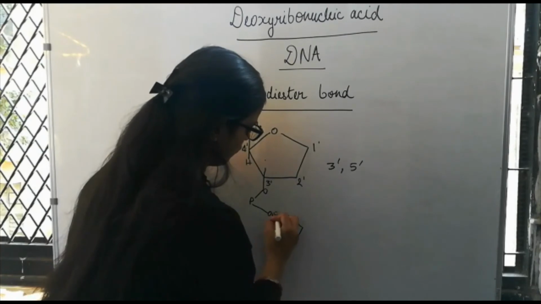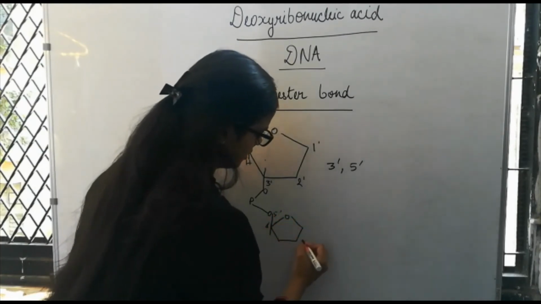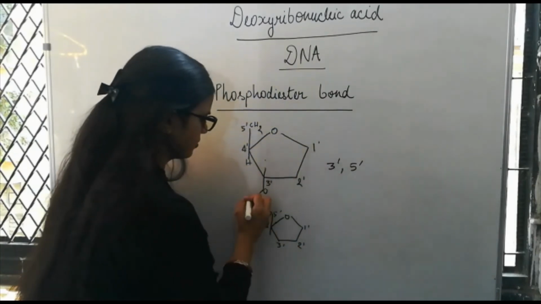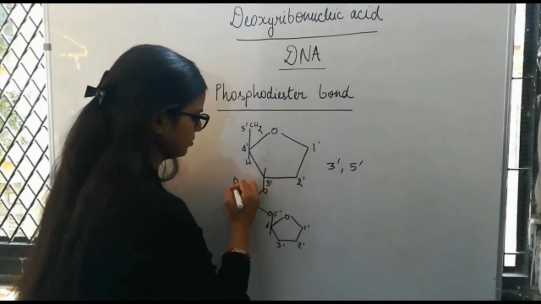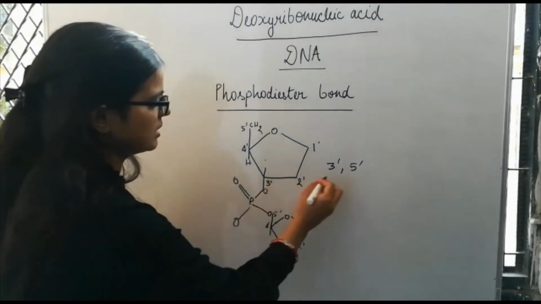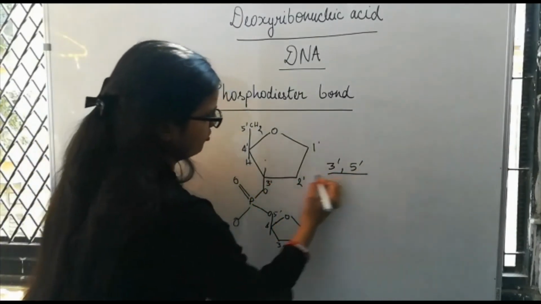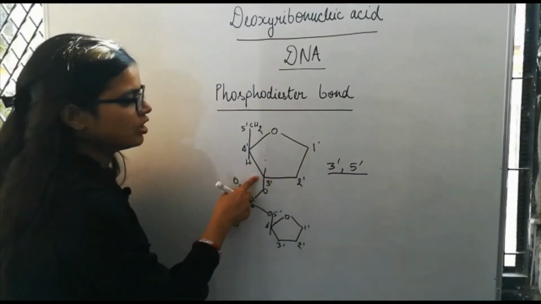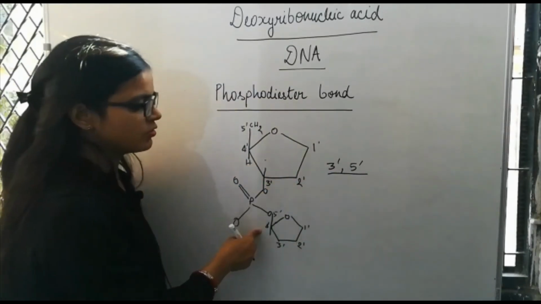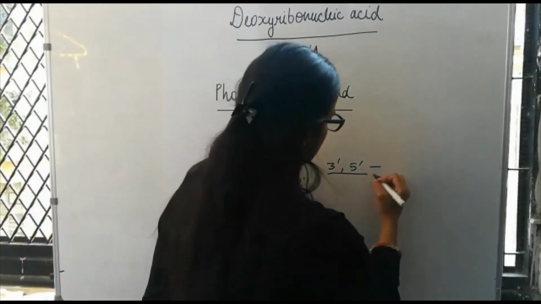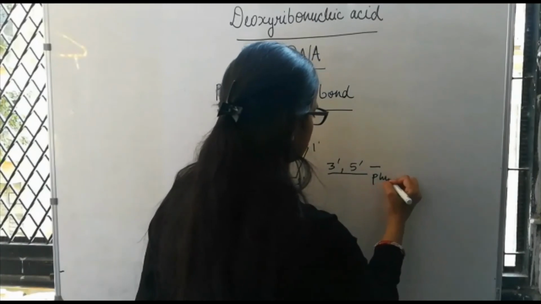As you can see, this is the 3'-5' phosphodiester bond. The 3' position of one sugar attaches with the 5' position of another sugar, and this bond is the 3'-5' phosphodiester bond.